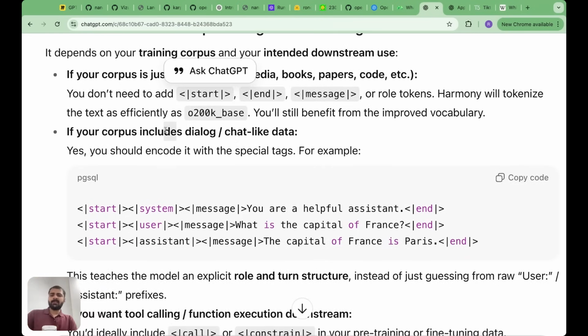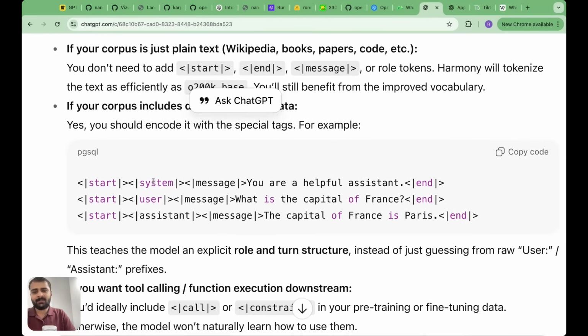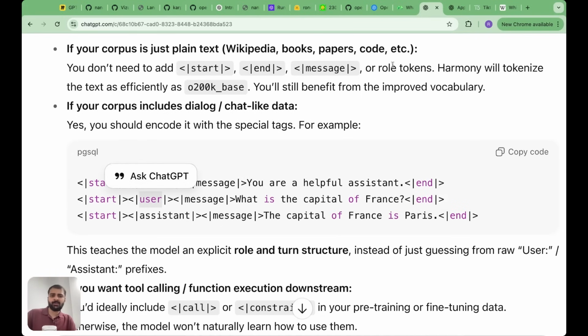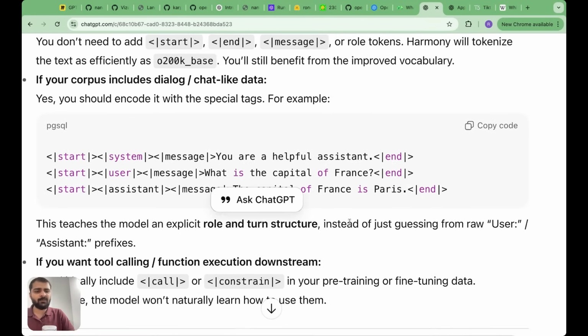But if our corpus includes dialogue or chat data, we should encode it with special tags like start. So this is the role, right? So these are the messages start and end, and these are the roles like system, user, etc. So Harmony added these role tokens also, which usually were not there in the tokenization. This teaches the model an explicit role and turn structure instead of just guessing.